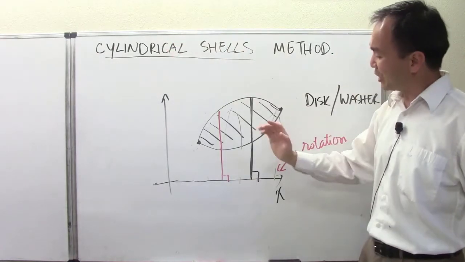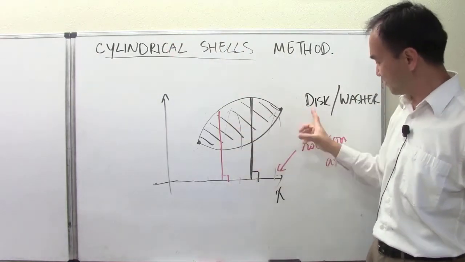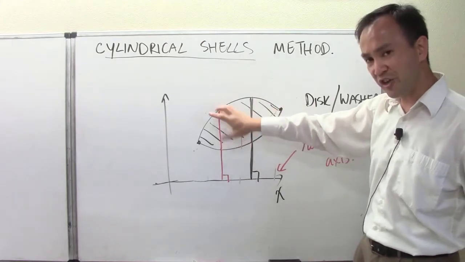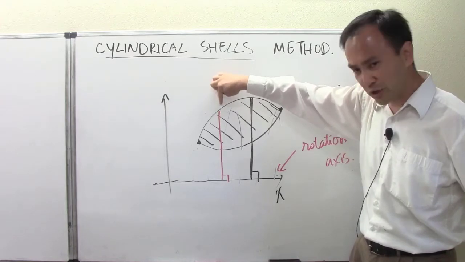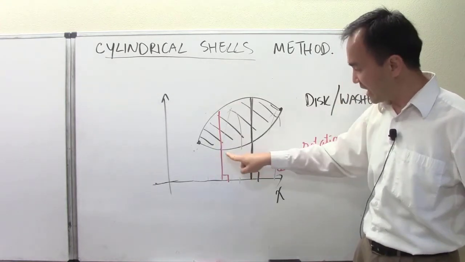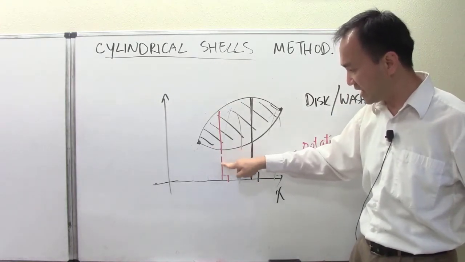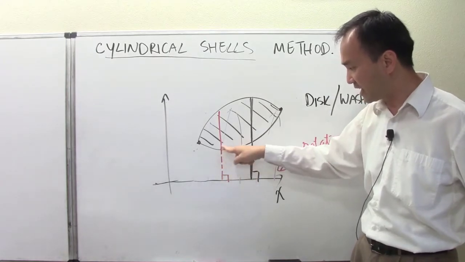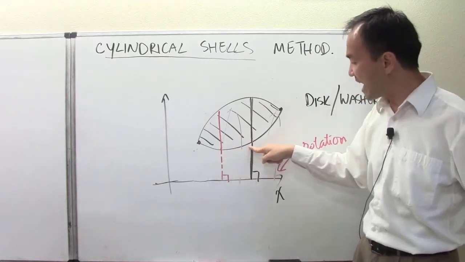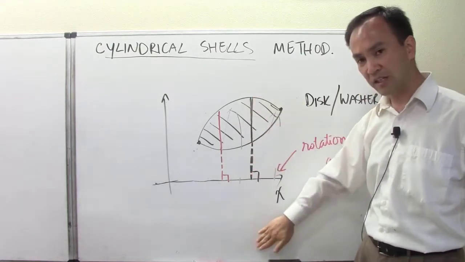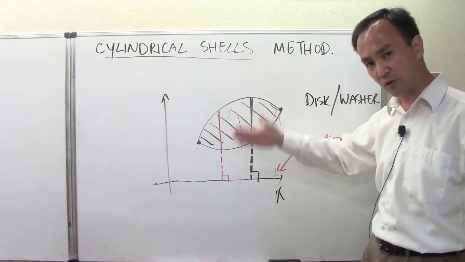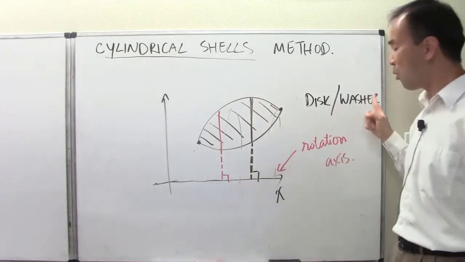In that way, it would be a washer if, as in my explanation before, the same stripe going through the region has any part that goes outside of the region. Then when the rotation happens, we will create a washer.